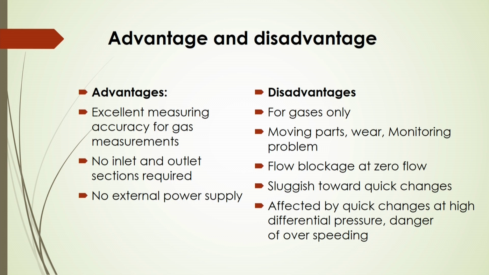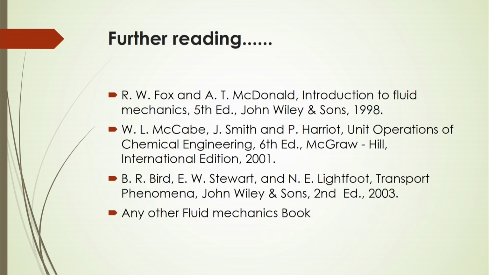Monitoring problems are there, flow blockage at zero flow, it is sluggish towards quick changes and affected by quick changes at high differential pressure, and there is sometimes a danger of over-speeding.